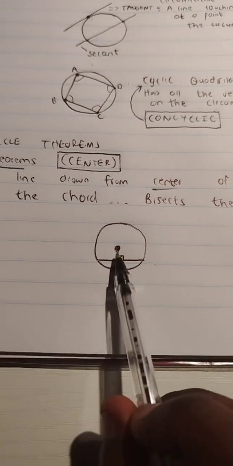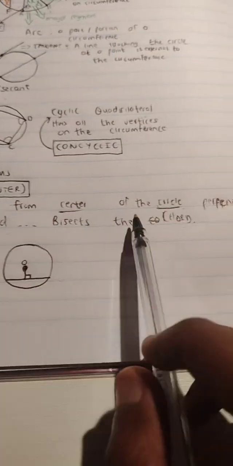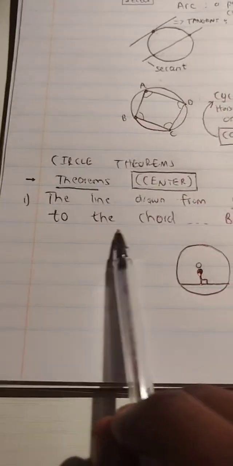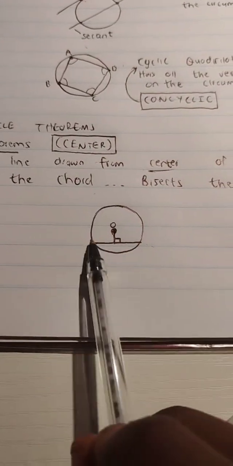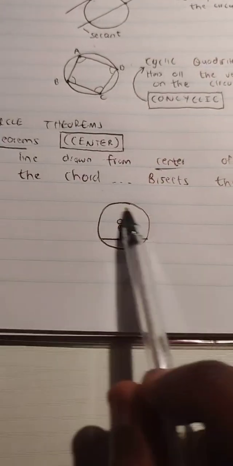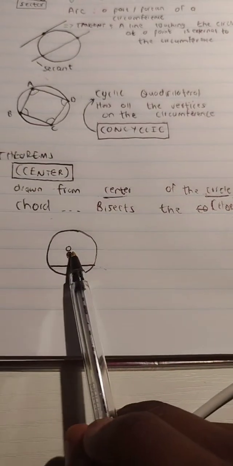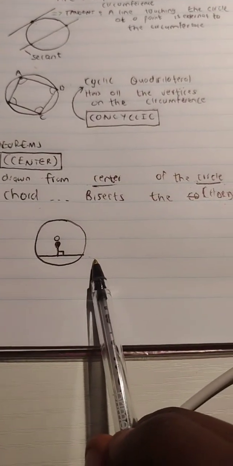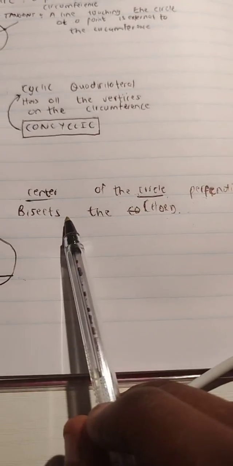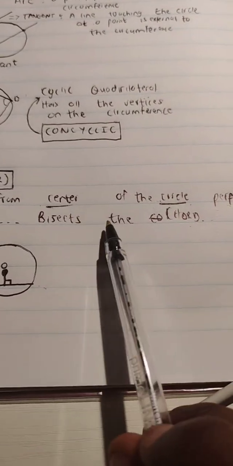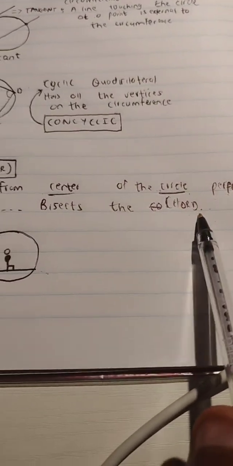Line drawn from the center of the circle perpendicular to the chord. So this is what you would see in your diagram. But what are they concluding? We know that it bisects the chord.